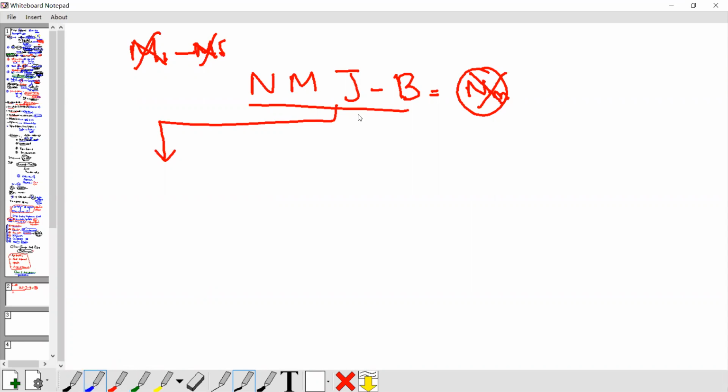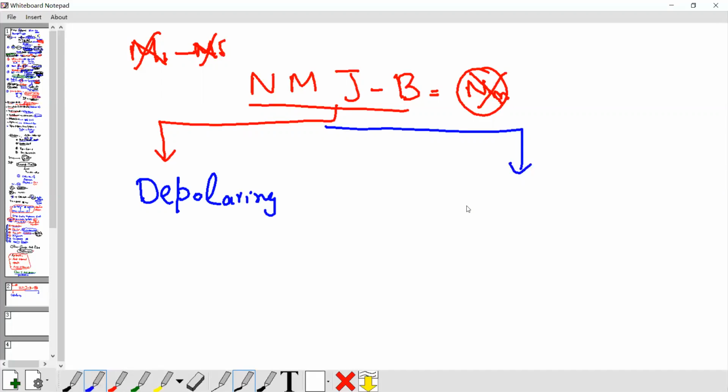Tomorrow we must define the difference between depolarizing and non-depolarizing. Okay, it's your homework. What is the meaning of depolarizing blocker? There are two groups, depolarizing and non-depolarizing. What is the difference between these two? How do they paralyze your muscle, how do they relax your muscle?